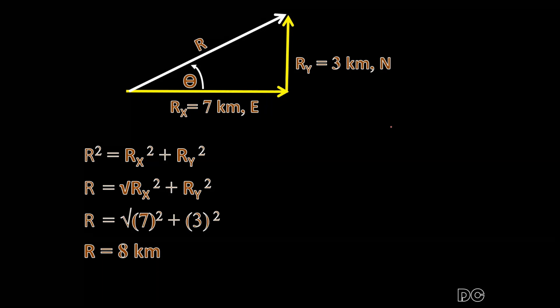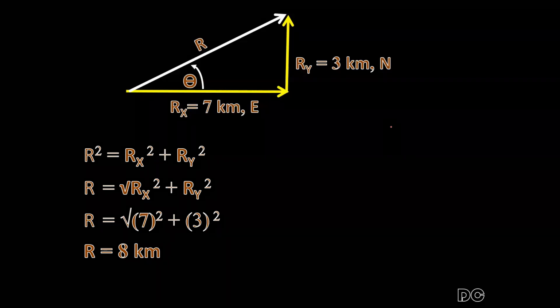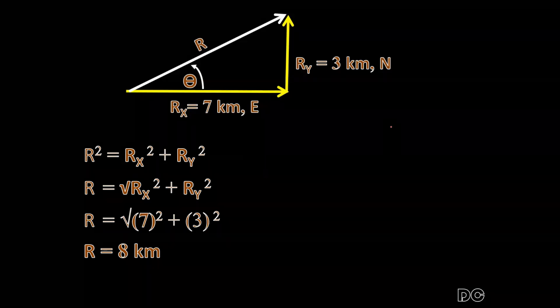Okay, next is the angular direction. The angular direction is with respect to the x-axis, so it should start from the x-axis. Since the x-axis is the R sub x, dyan magsisimula ang ating angle papuntang sa resultant. So that is angle theta.